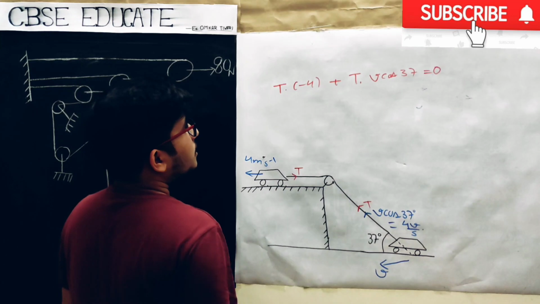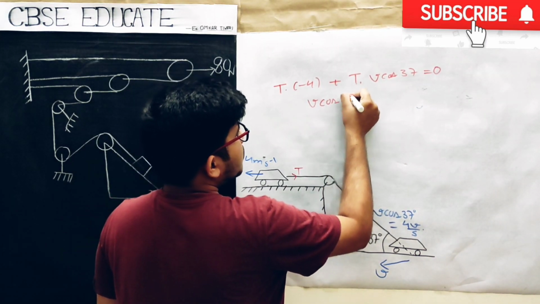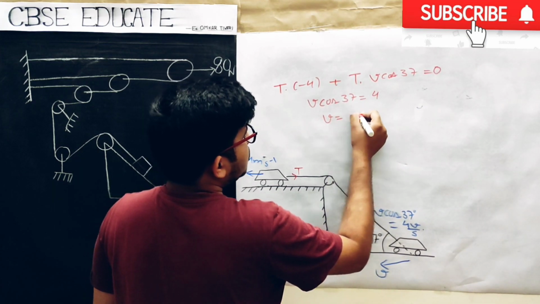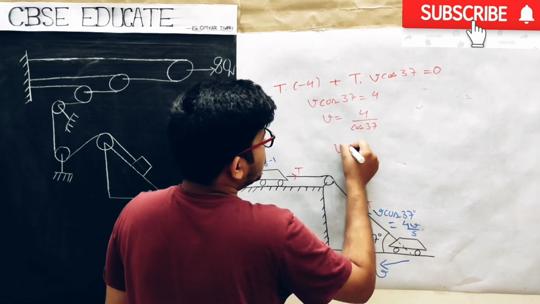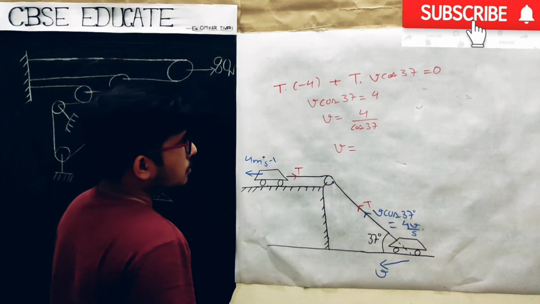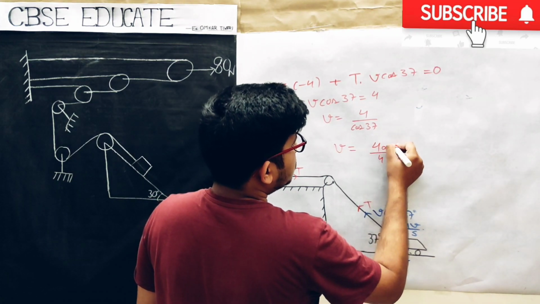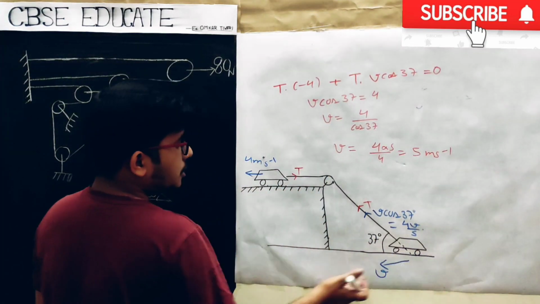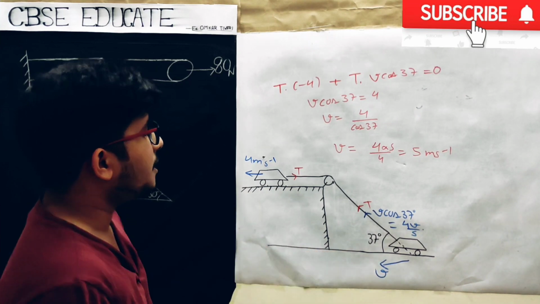Taking T common, it cancels, so we get v cos 37 is equal to 4, which means v is equal to 4 by cos 37, that is 4 upon 4 by 5, that is 5 meters per second. So the velocity of this car in this direction will be 5 meters per second.